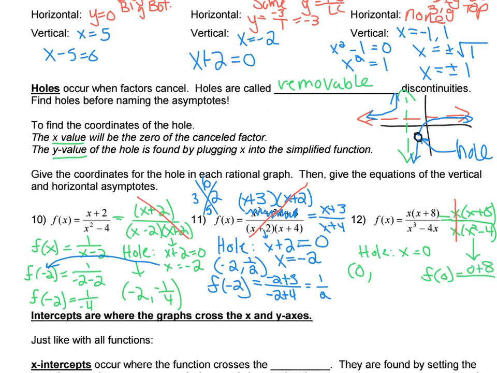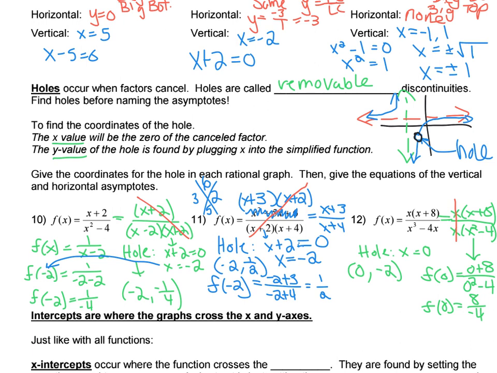And then on the bottom, x squared minus 4, so 0 squared minus 4. So when we plug that 0 in, we're going to get 8 over negative 4, which is just negative 2. So our hole for this rational happens at 0, negative 2.